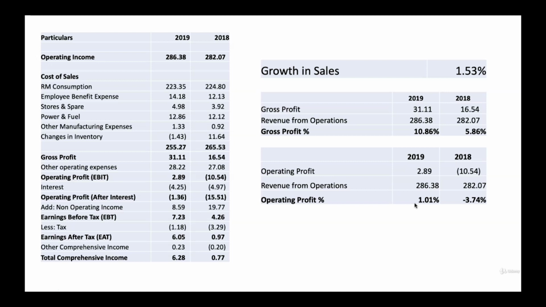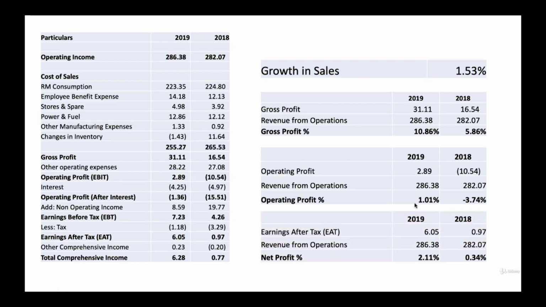Then let's see, there is one more profit, that is net profit, where you should compare your earnings after tax, this figure, with the top line, that is revenue from operations. And when you do that, you can see it was 0.34% in 2018 and it has jumped to 2.11%.